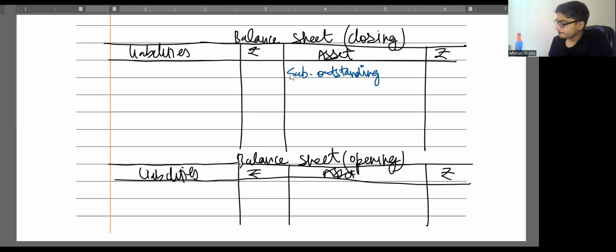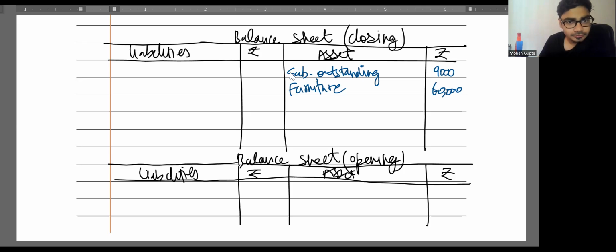The amount is 9,000. Okay, next. What else do we have? We have furniture in the closing balance sheet. The furniture is 60,000. Then we have the billiard table. No, that will not come here.